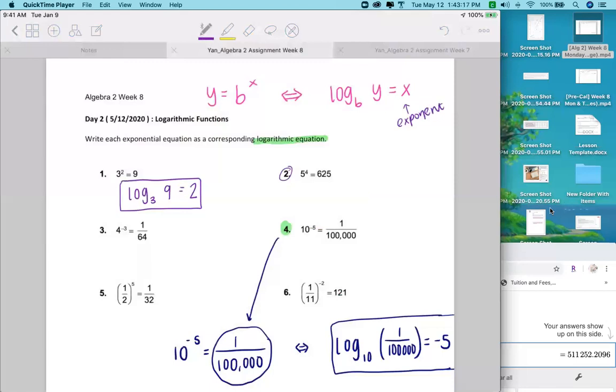Like this. Again, this is the base. So this one will look like log base 3 of 9 equals 2. Let me have you guys type the answer for number 2. And if you got that, I think you can do the rest of them.